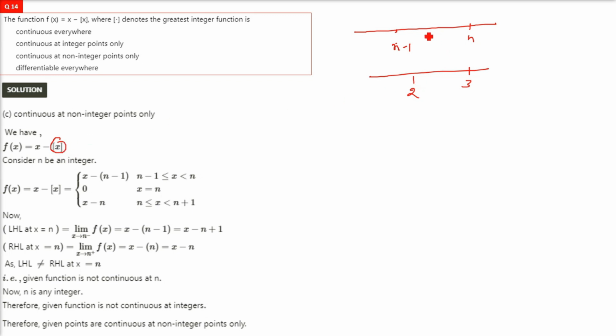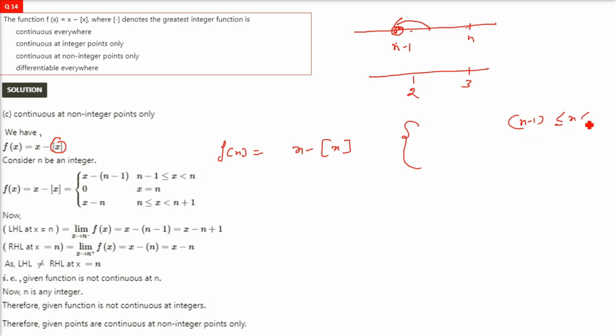If you are between n minus 1 and n, n is not included, but n minus 1 is included here. So if you are between 2 and 2.999 something, you will always get 2.